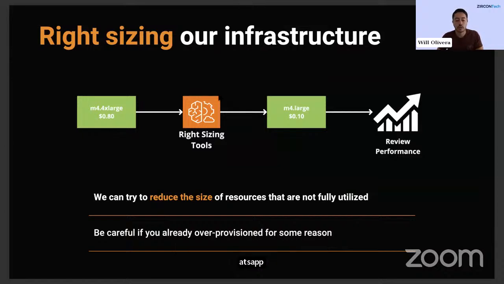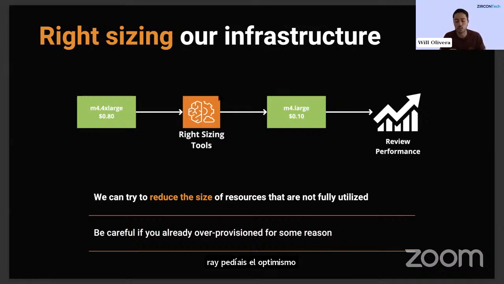Okay, so right sizing, the first strategy, is the process of matching the size of a certain resource, like an instance or maybe a database, with the workload and performance that it actually needs, right? The idea is to optimize costs from that point of view.